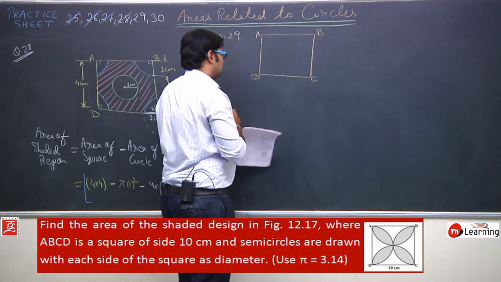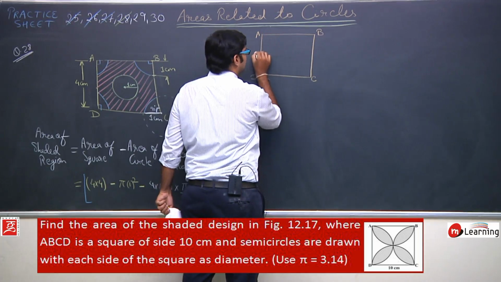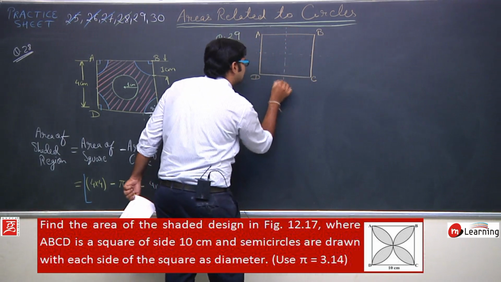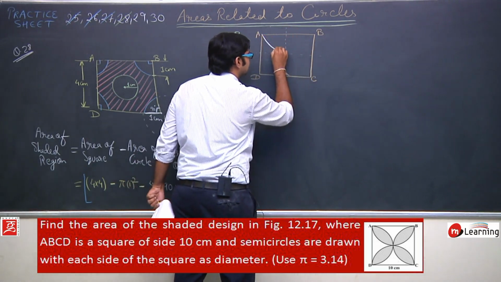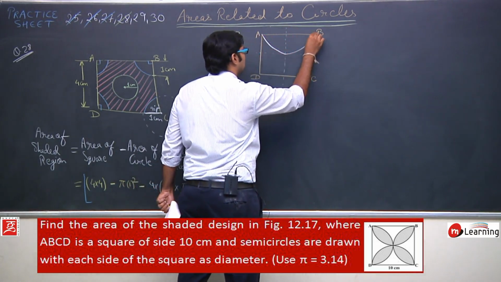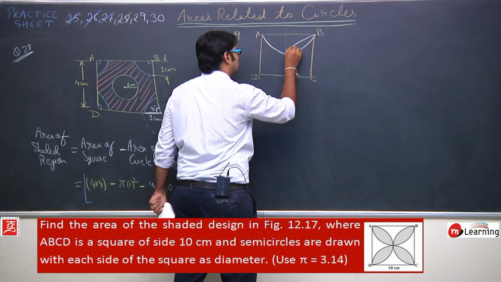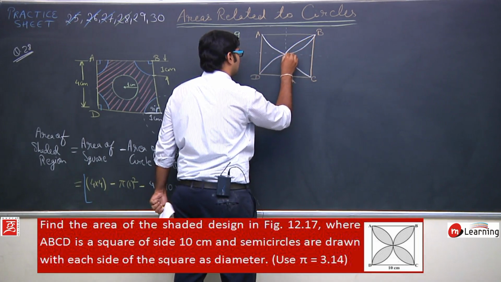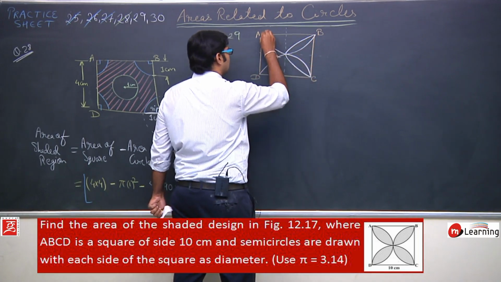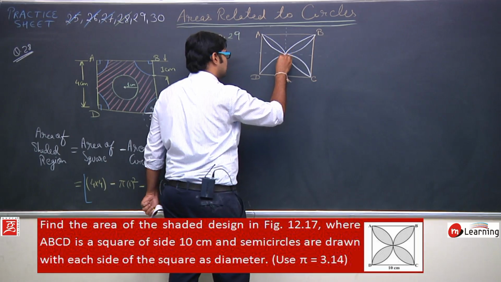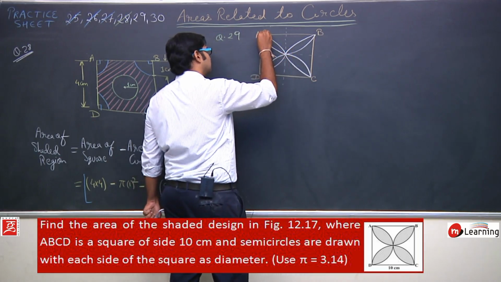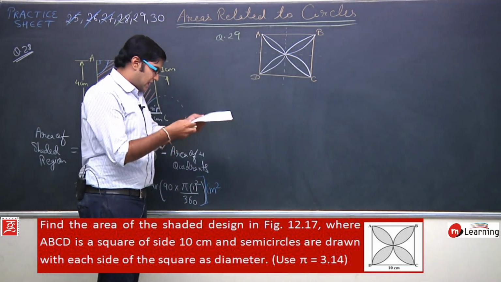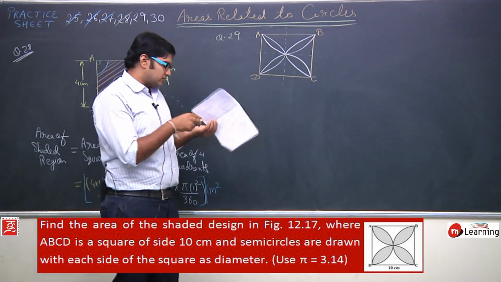In this figure we have 4 semicircles drawn in this manner. These are the 4 semicircles that we have, and we need to calculate the area of the shaded region.